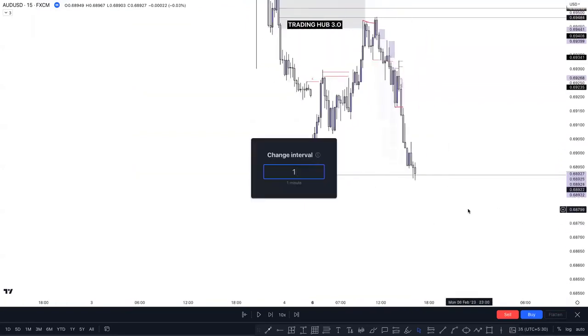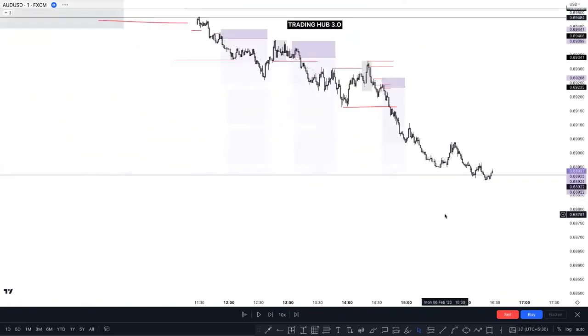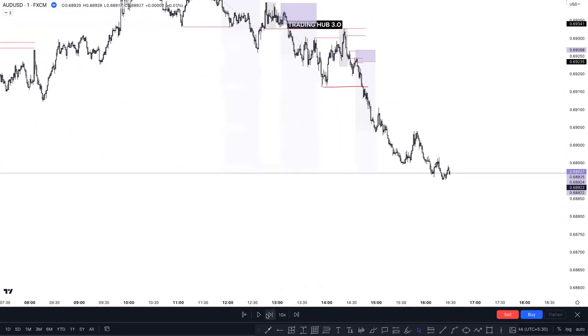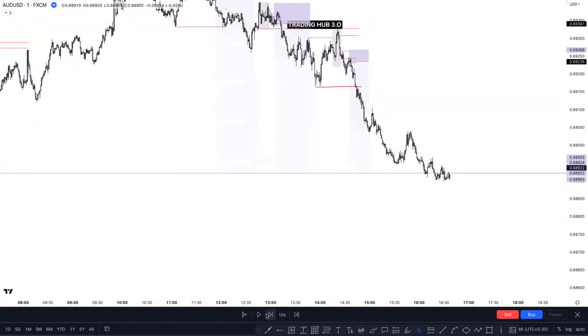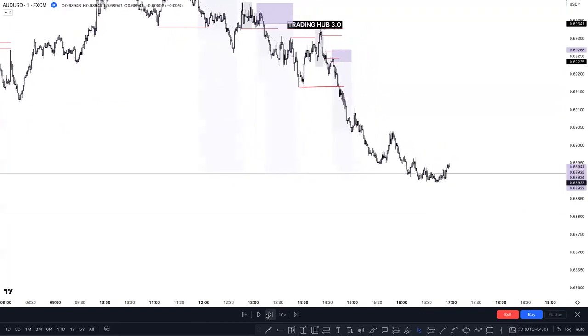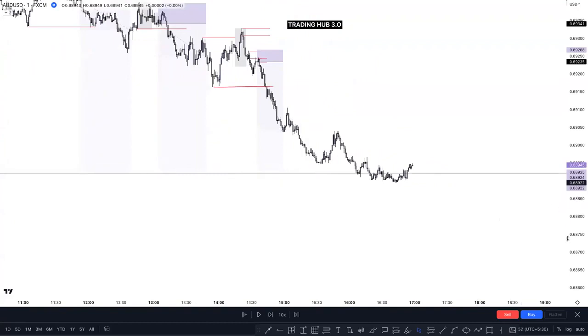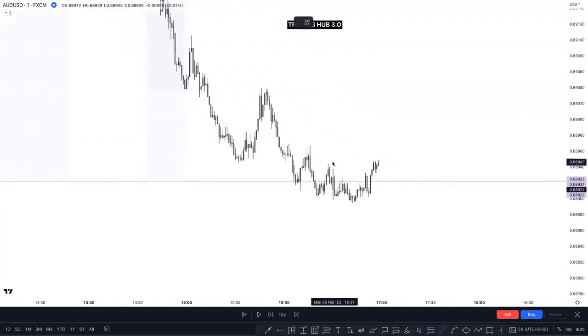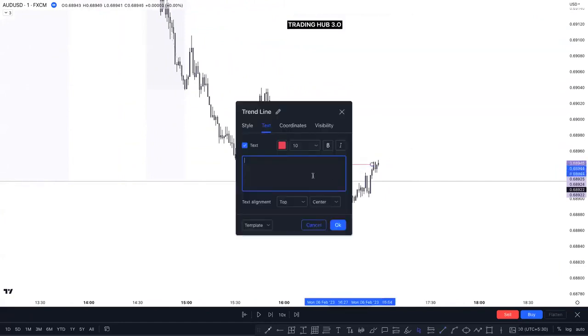Okay, I can switch here to the 1 minute time frame to see exactly what's going on here. Okay, so finally the market broke this low, I mean this high, and the first pullback is here. And why are we marking this as a CHoCH?